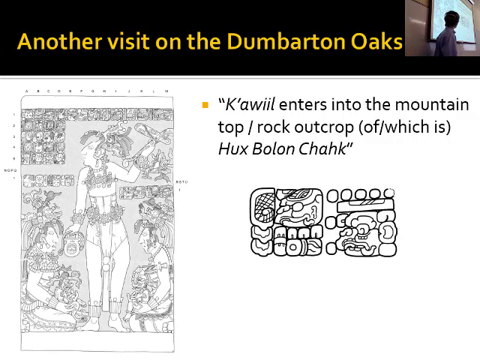Och Kawil enters, Ochik Kawil, Tatits, into the mountain outcrop, rock outcrop, which is Ushbolonchak. So we know that Ushbolonchak is a rock. So somewhere on that mountain, there is a holy rock, very much like the Indian Wakas. And in that rock, there is a spirit that people come to talk to and ask for rain.